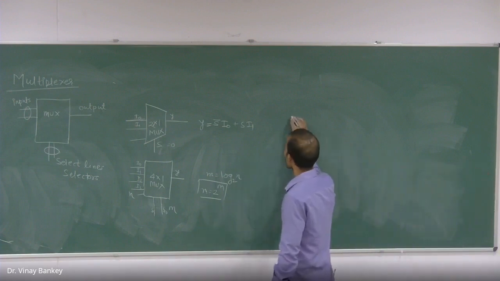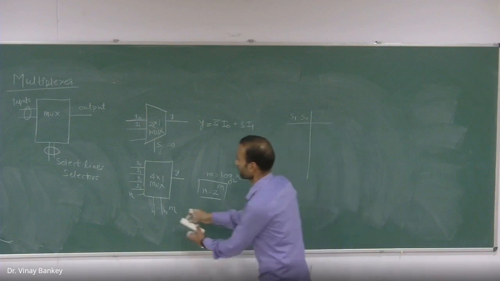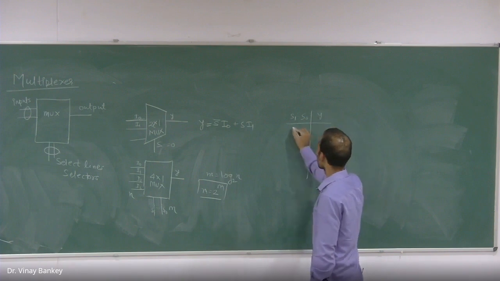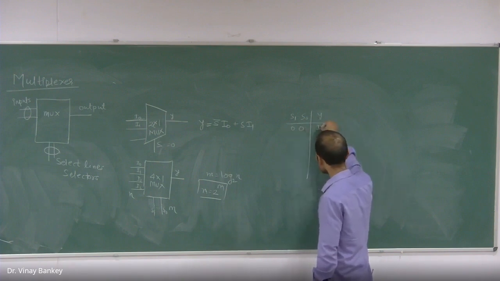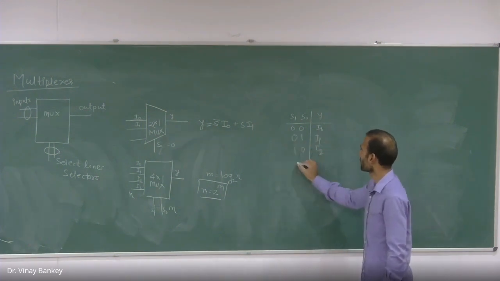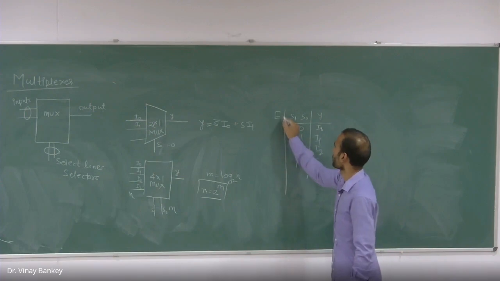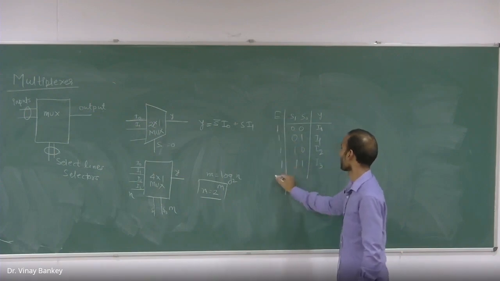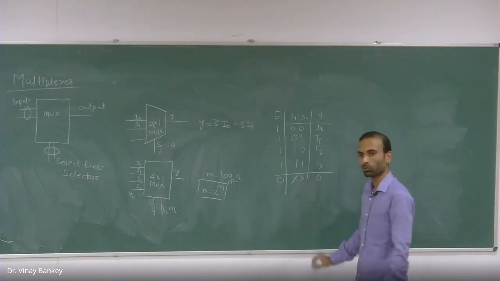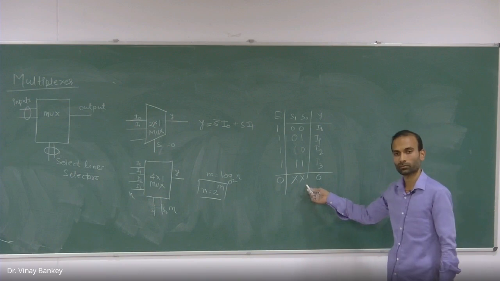Yes, it is very easy. I will just write it. For 0 0, I0 will be selected. For 0 1, I1 will be selected. For 1 0, I2 will be selected. And for 1 1, I3 will be selected. If there is an enable input, enable should be high for all these combinations. If it is 0, then whatever the condition of S1 and S0, the output will be 0, so these become don't care states.